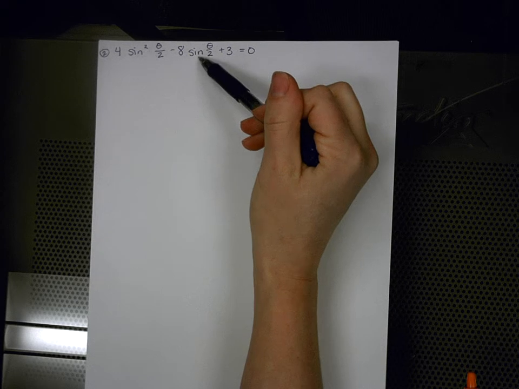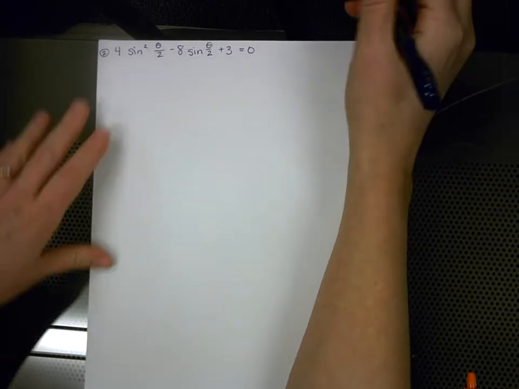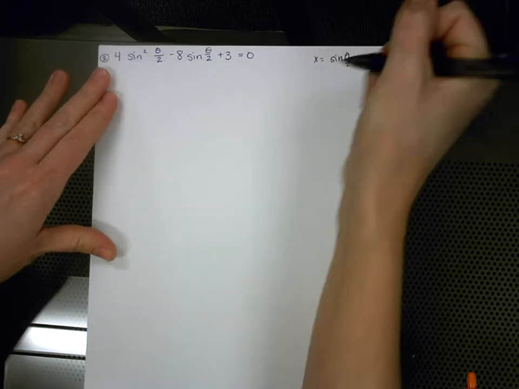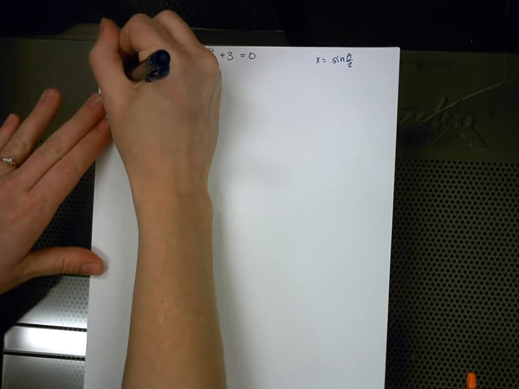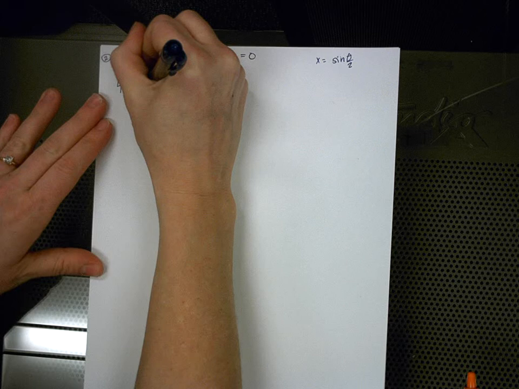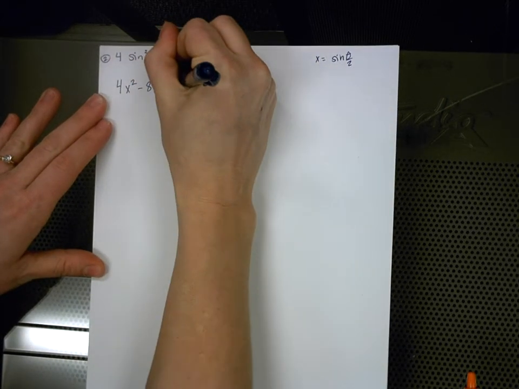So I'm going to go ahead and use x for sine of theta divided by 2. So sine of theta over 2 is going to be my x value. So that would give me 4x squared minus 8x plus 3 equals 0.